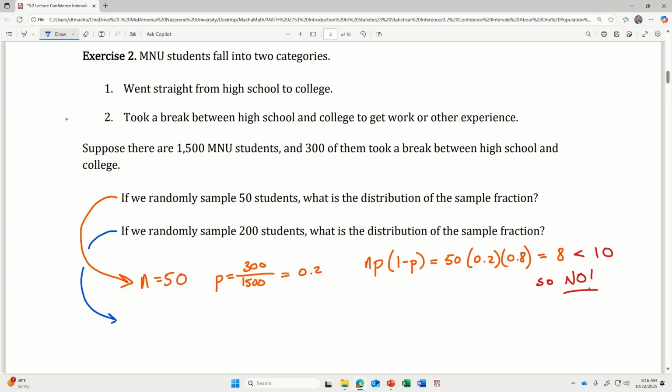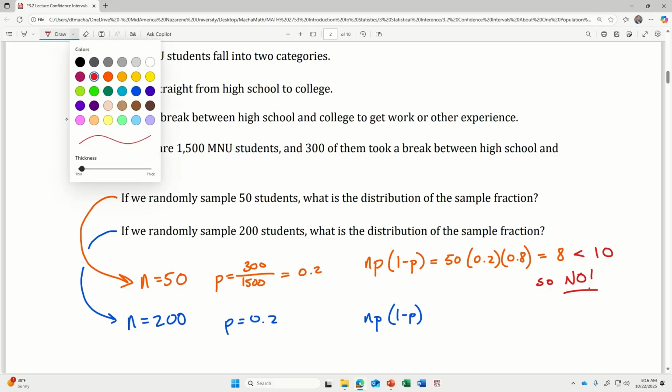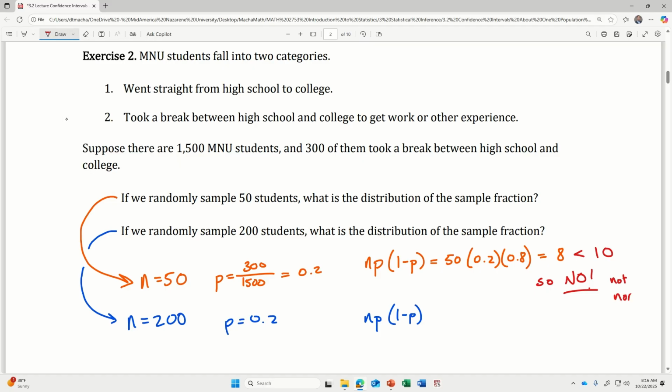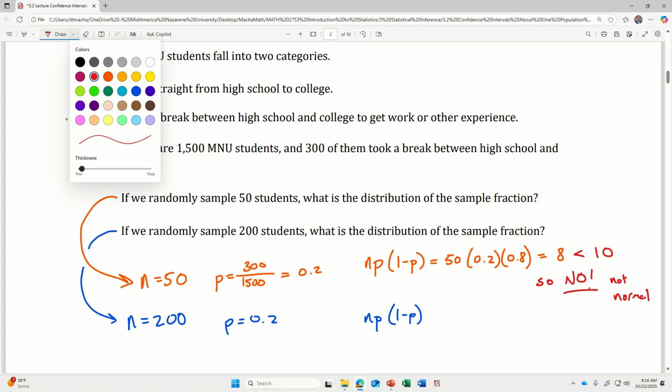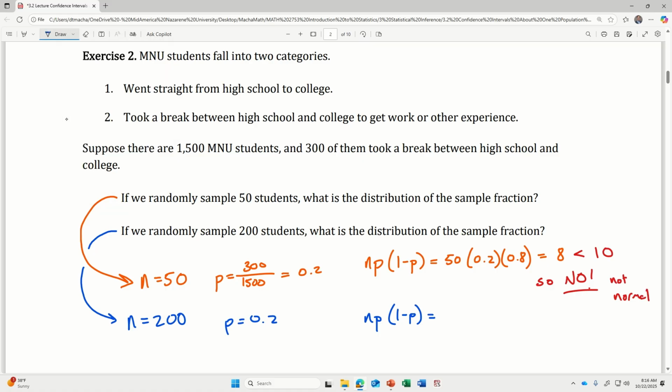If we randomly sample 200 students, so I'm increasing my sample size to 200, then n times p times 1 minus p would be 200 times 0.2 times 0.8. And that is 32.